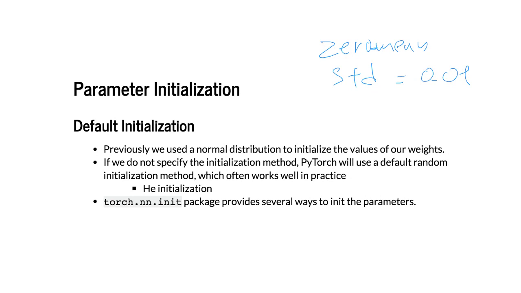So we have to come up with something else, okay? Another thing that I wanted to say is that actually in PyTorch, if you don't specify any initialization, then PyTorch will use a default initialization, which is based on the Kaiming method, okay?